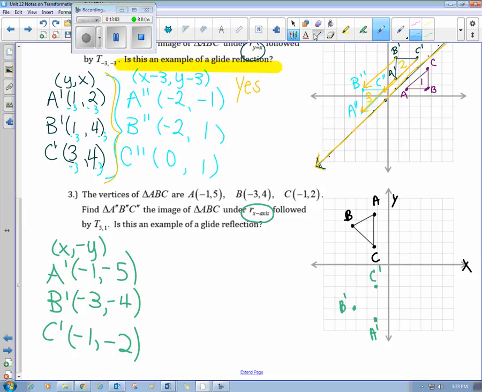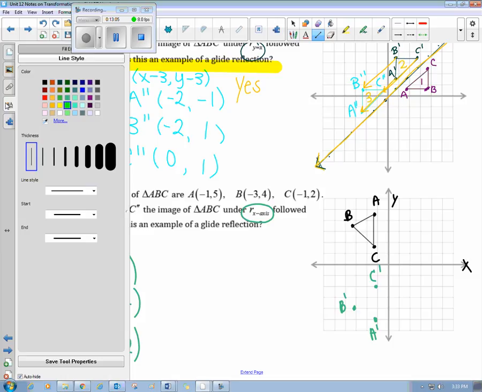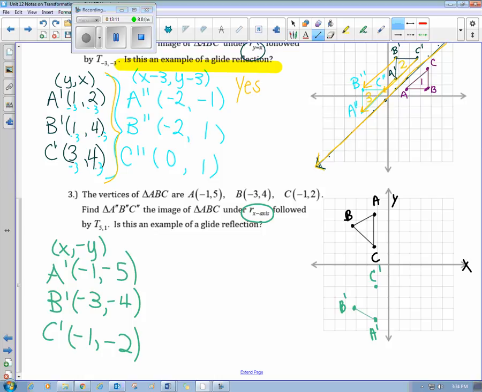I will connect those points. I'm doing A to B, B to C, and C to A. Please note that that was our reflection. So if you want to, when you get to this point, you can certainly say, this is the line I reflected over, because that's what we're going to be looking at eventually. So our reflection was over this line.